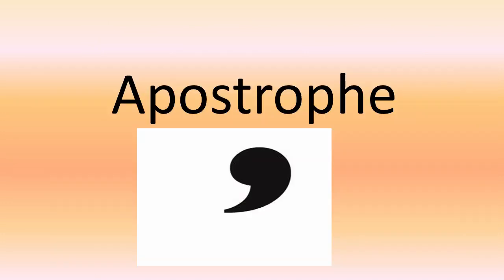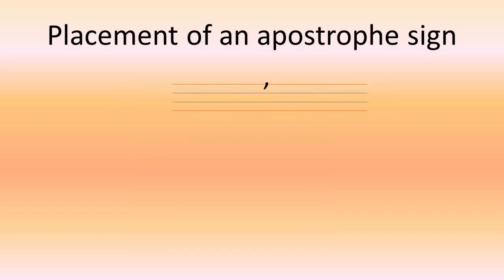Apostrophe. Yes, apostrophe. Repeat after me. Apostrophe. It looks similar to the comma, but the difference between the two is that the comma is always placed on the third line, while an apostrophe is always placed at the first red line.